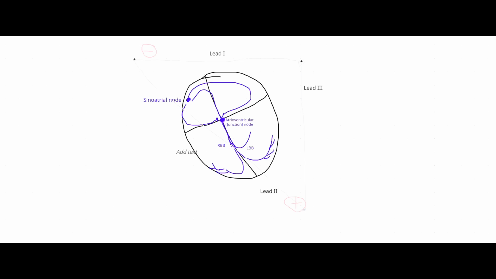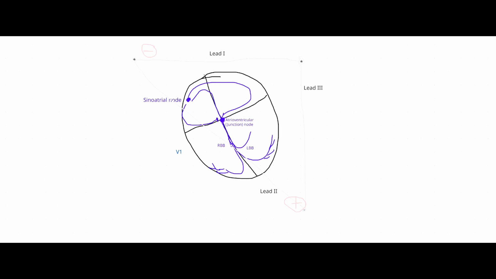So we put them, V1 is on the right side, right? If we were putting the EKG, it will be on the same area where you would listen for the aortic valve, right? Second ICS, right sternal border. And then the rest of them is going to be on the left side.